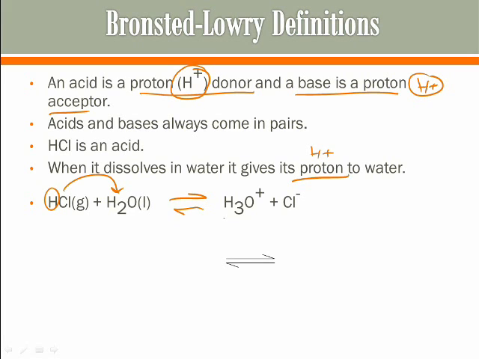The hydronium ion plus the chloride. The water is a base. This is the base. It takes the proton. The proton acceptor. It accepts the proton and it makes hydronium ion now.